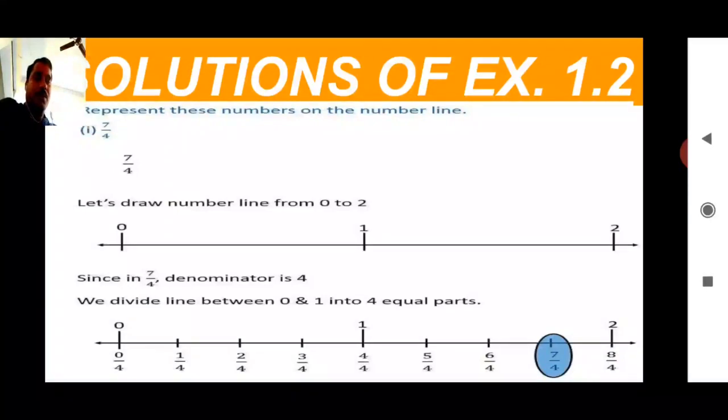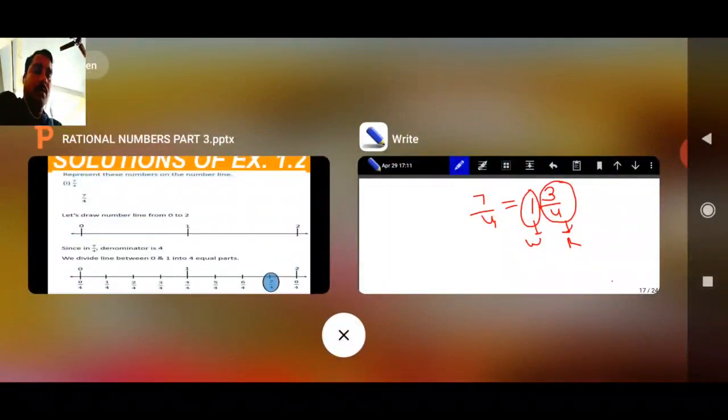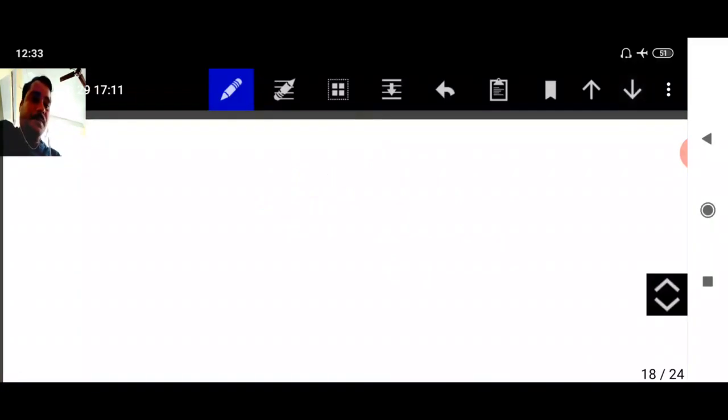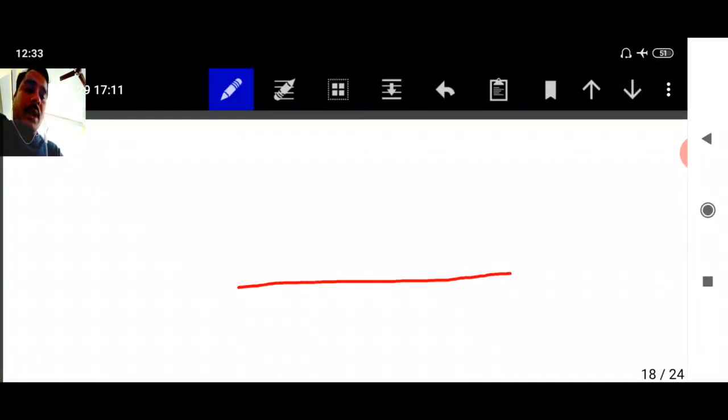Here the 4 equal parts are given: 0 by 4, 1 by 4, 2 by 4, 3 by 4, 4 by 4 equal to 1, 5 by 4, 6 by 4, 7 by 4 and 8 by 4. You mark equal parts as if our number line here is 0, here is 1 and here is 2.